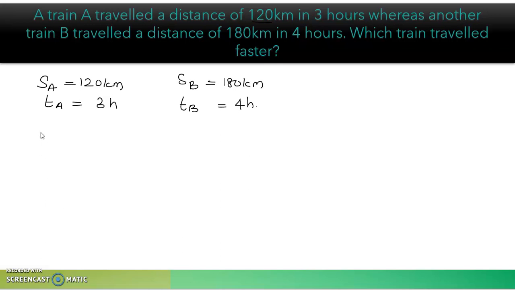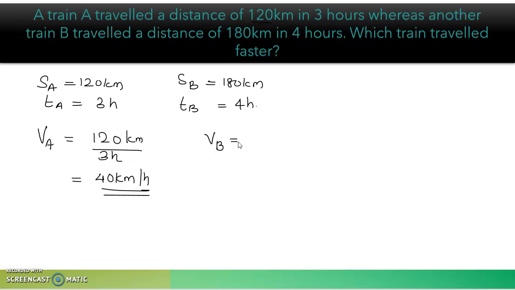So let's see, what is the speed of A? Speed is equal to distance traveled by time taken. That means 120 kilometer divided by 3 hours, you will get 40 kilometer per hour. Similarly, we can calculate the speed of train B. That's equal to 180 kilometer divided by 4 hours, right?